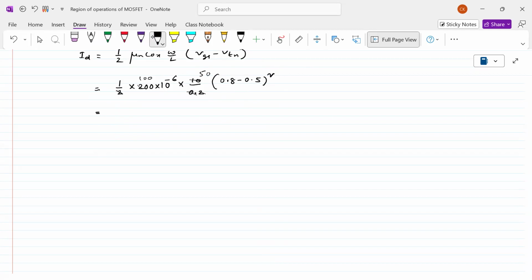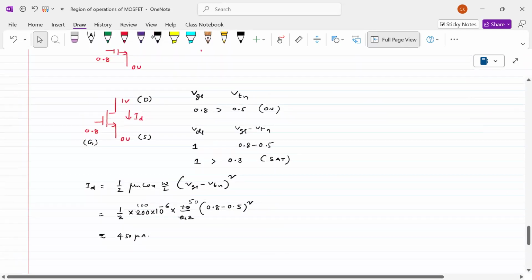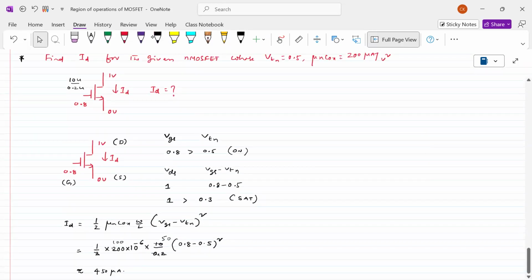Some value, approximately something. I'm very poor in mathematics. 450 microamps, is that true? Okay, 450 microamps. Assume that our friend Narendra has mentioned something like this, and we go accordingly. This is simple mathematics. You can just substitute the values and you will get it. It's not a big deal.